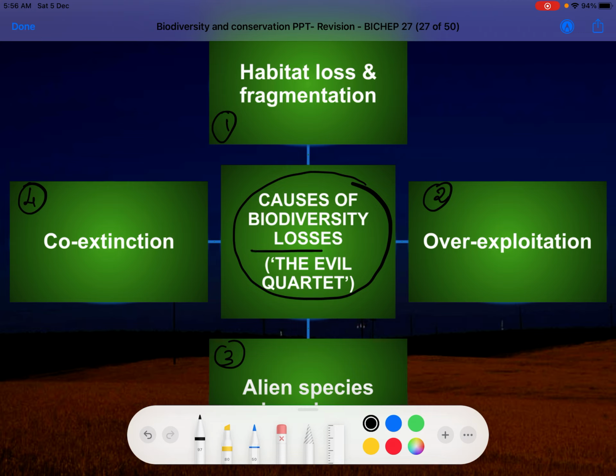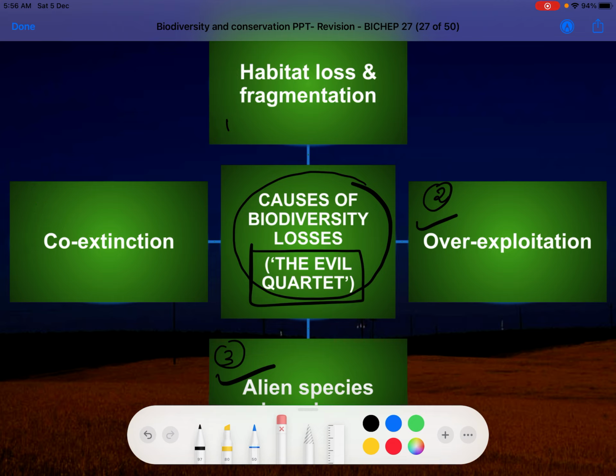So we used to call them the evil quartet, right? The evil quartet are: number 1, habitat loss and fragmentation; second, overexploitation; third, alien species invasion; and fourth, co-extinction.